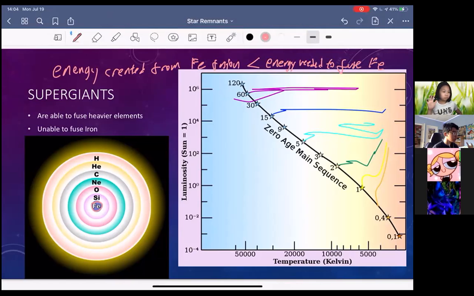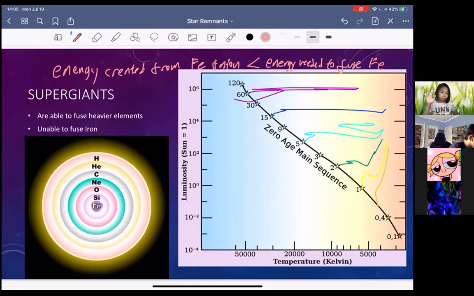So that's why you can't fuse iron, because it's super stable. You don't really get anything out from fusing it at all. Even if you did have the ability to fuse iron, you would just lose energy in the process. As a result, iron is the last thing that supergiants can fuse.